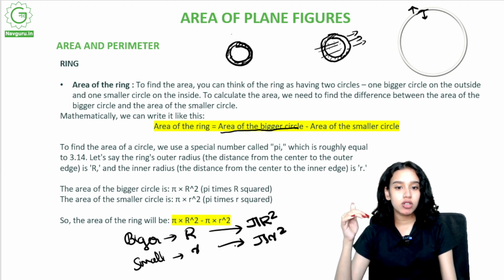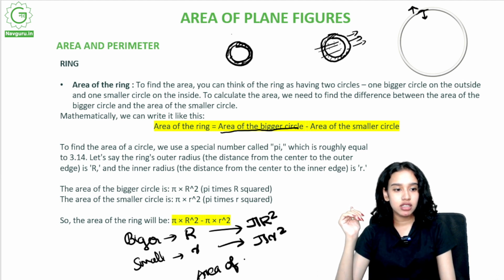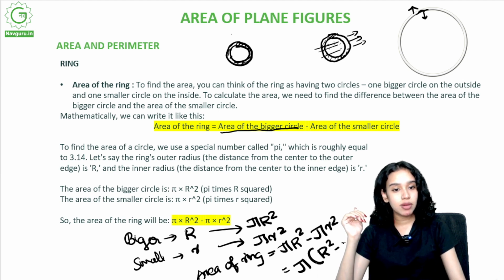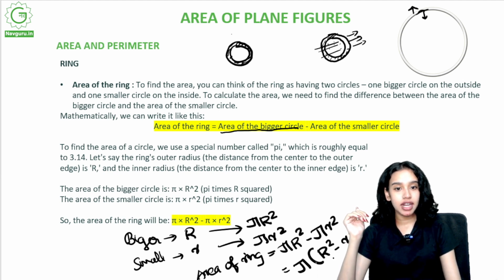So what would be the area of the ring? Area of ring would be equal to pi R square minus pi r square. Taking pi as a constant outside, we get pi into R square minus r square, right?